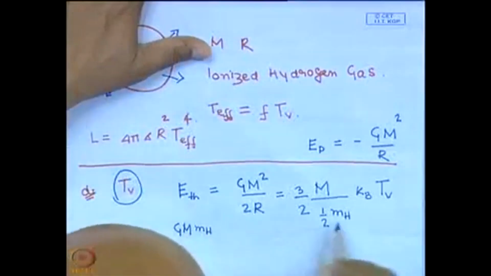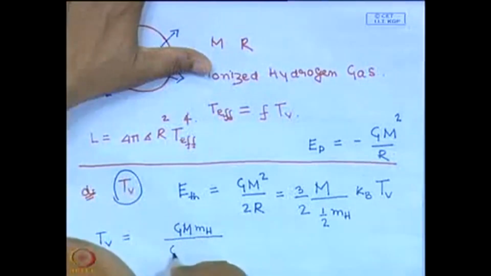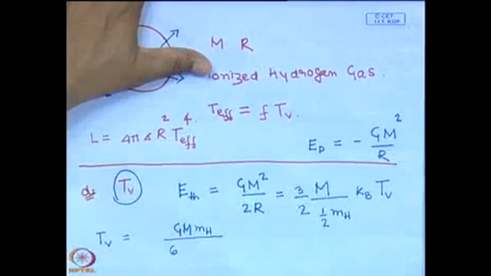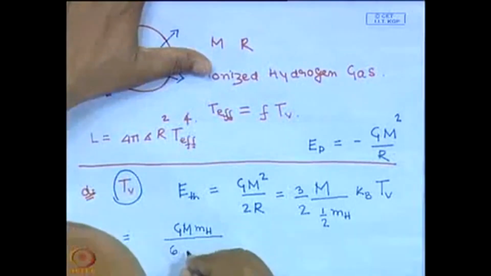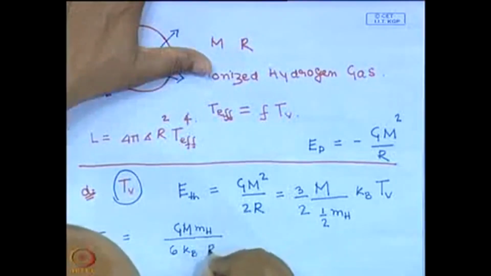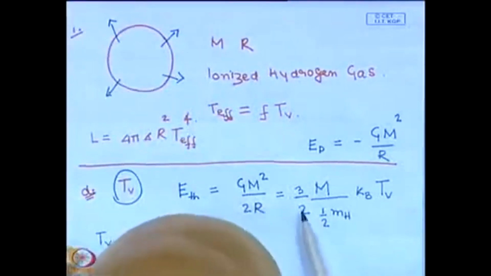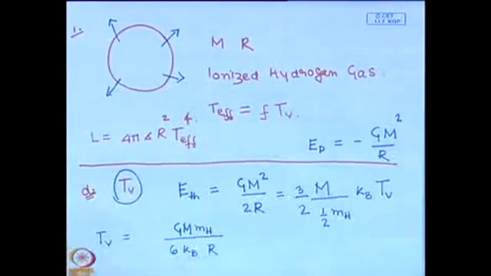So, G m m H divided by 6 K B R. I hope we have got it correct, right? Let us just check. So, that is the virial temperature, it is essentially proportional to the mass of the object and inversely proportional to the radius of the object. Okay. So, that is the first part.